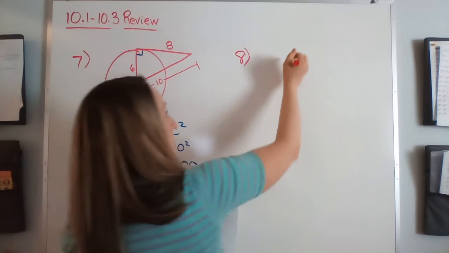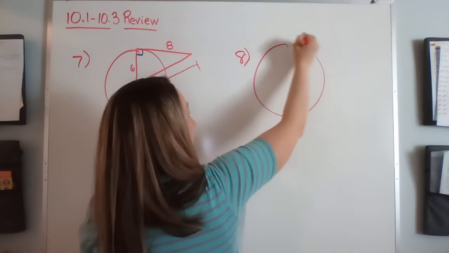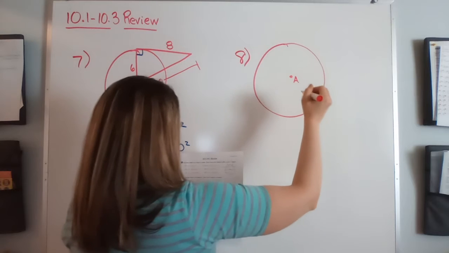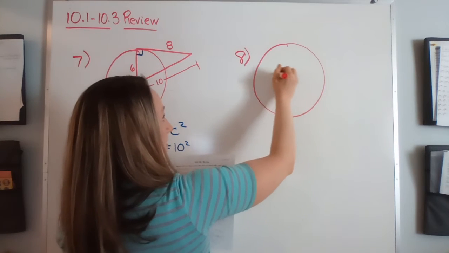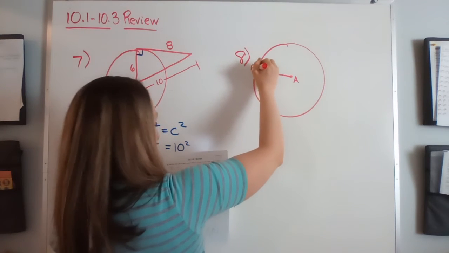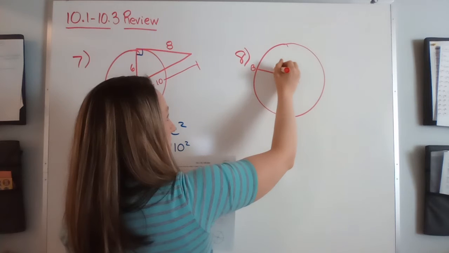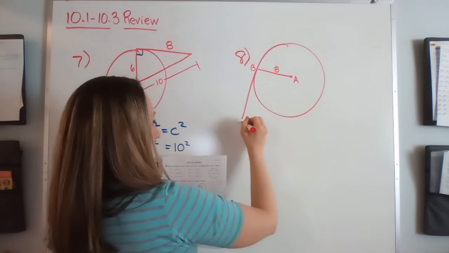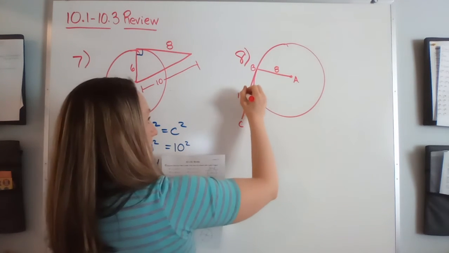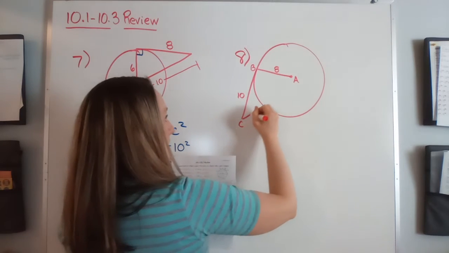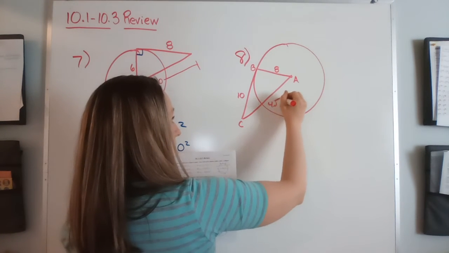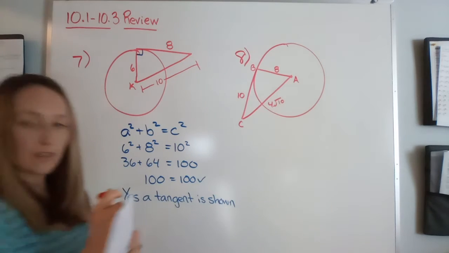All right, so problem number 8, we have a circle, circle A. You're given radius AB is 8 units long. Then this segment here, BC, is 10 units long. And then CA, that segment there, is 4 root 10. So it's the same question.